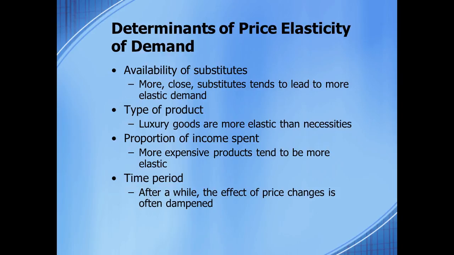If we think about the determinants of price elasticity of demand, so the actual determinants, other reasons why this might happen, let's think first of all about the availability of substitutes, because if there's a lot of close substitutes, it can actually lead to a more elastic demand. Perhaps they're more sensitive demand. I mean, let's think of beans, for example.